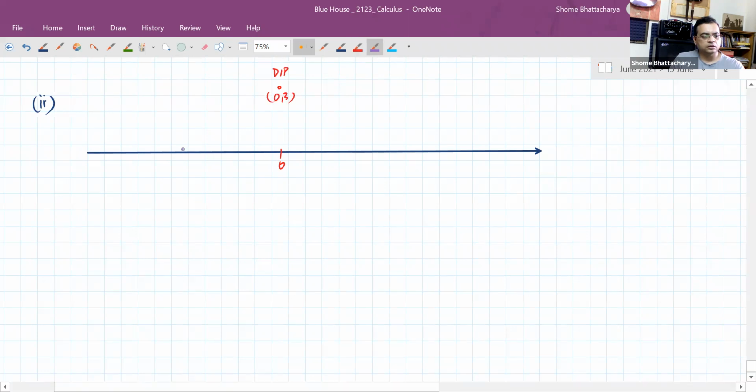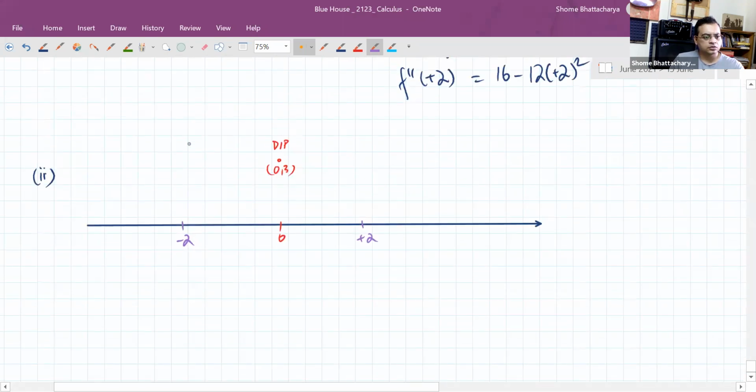And at -2 and +2, we have two symmetrical peak points: (-2, 19) and (2, 19). So these were peaks.